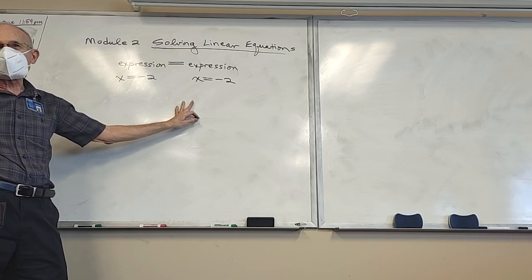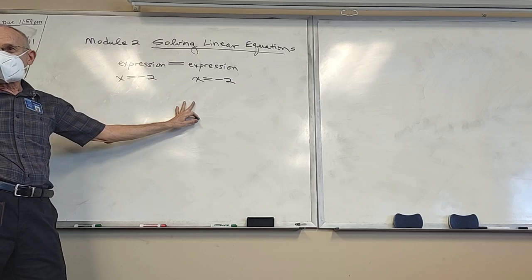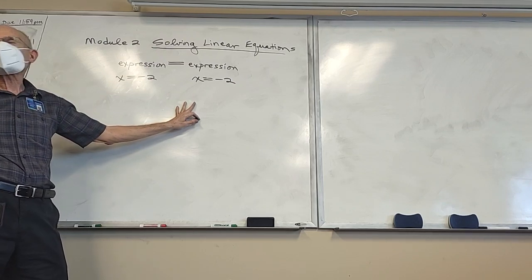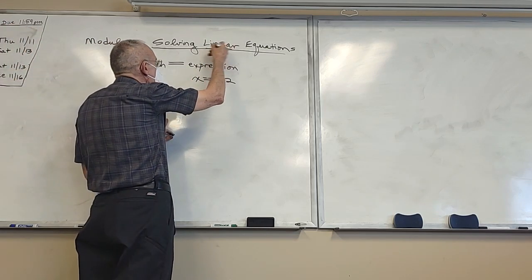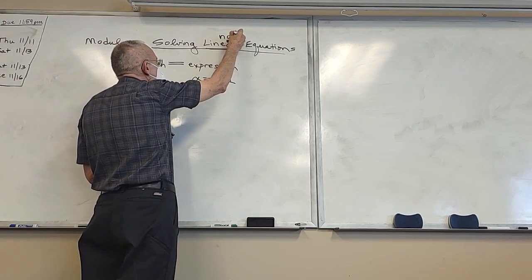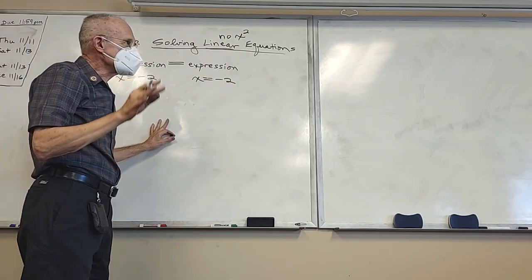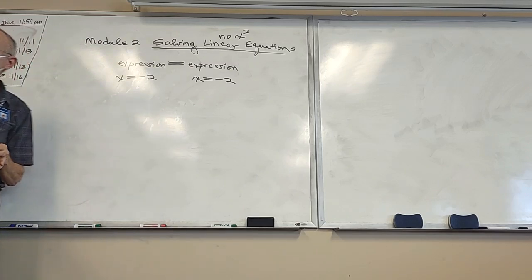Now, later on in the course, we'll be talking about equations where there are two. But the equations we're talking about right now will not have x squared in them. That's why it's called a linear equation. A linear equation, no x squared in it. That's what it means. It's just x. Just x and numbers. X terms and numbers. That's all.